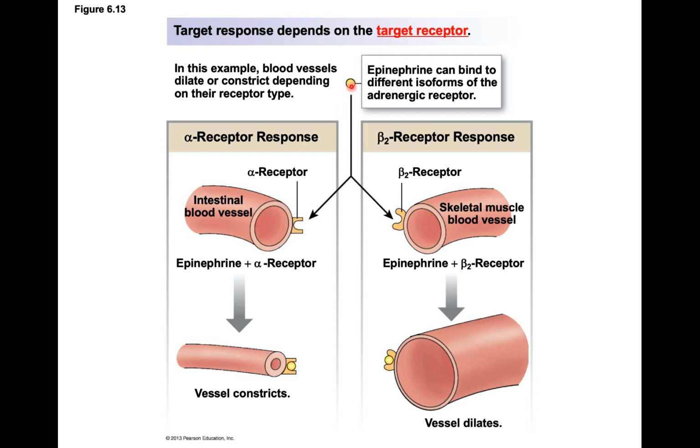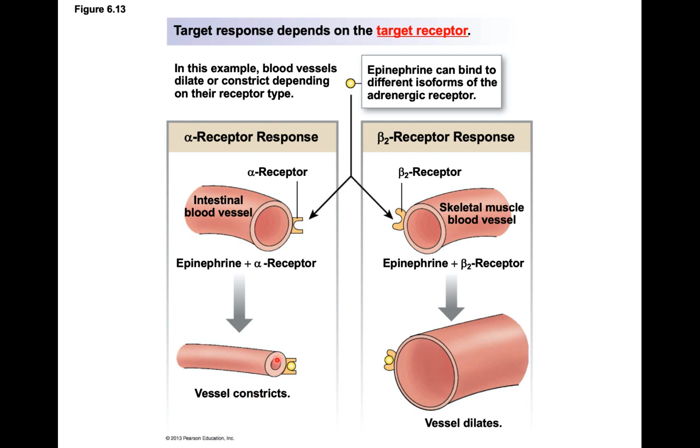So what epinephrine does is it goes and binds to both receptors at the same time. Why? When epinephrine binds to alpha receptors on the intestinal blood vessels, it causes vasoconstriction. When you close up the blood vessel, less blood gets to that organ, which is fine because you don't really need it at that moment.